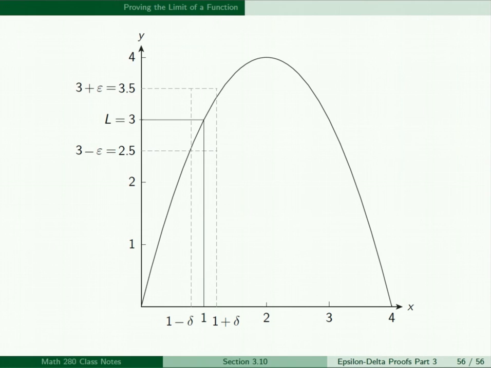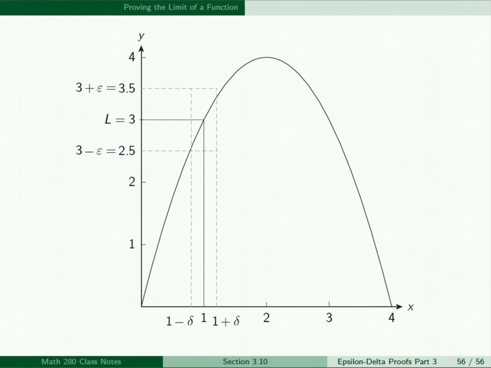So the graph of the function is a parabola which opens down, and we're looking at the limit as x approaches 1 of our function, which is equal to 3, and so that corresponds to the point at 1, 3 on the graph. And so we want our function to be between 3 minus epsilon, which is 2.5, and 3 plus epsilon, which is 3.5.